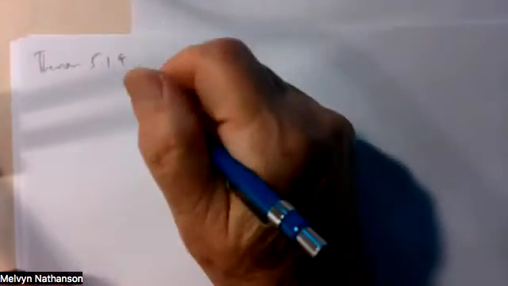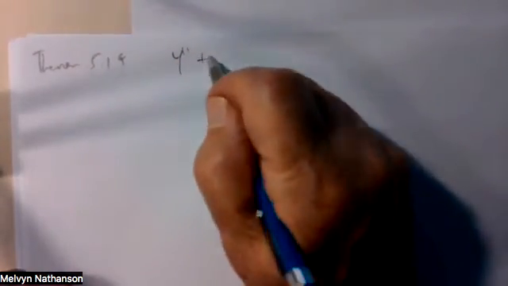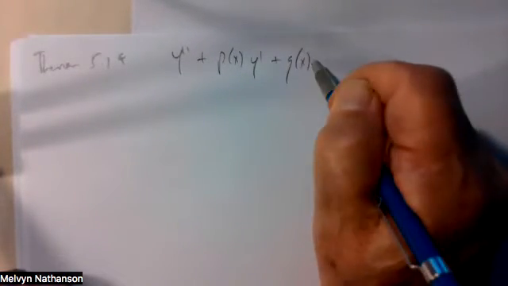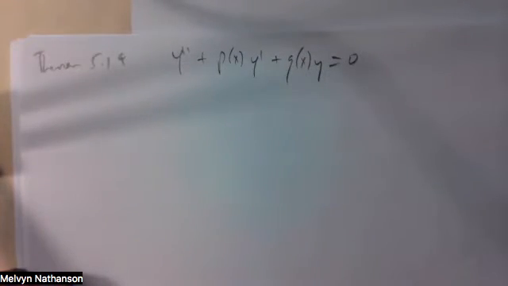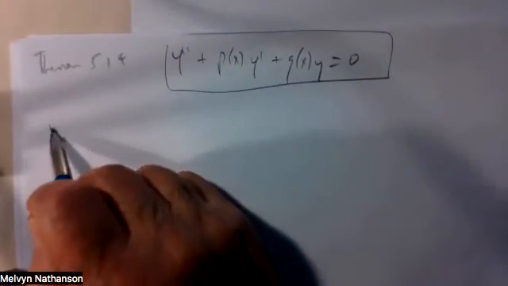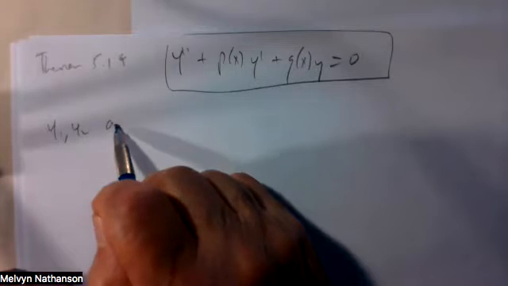In the text, this is theorem 5.1.4. So again, we have our differential equation, y double prime plus p of x y prime plus q of x y equals 0, and y1 and y2 are solutions.